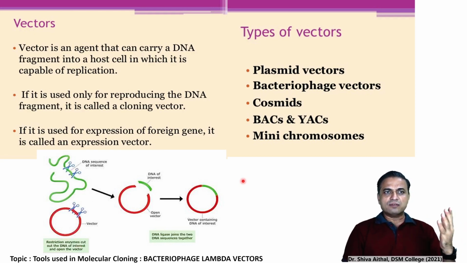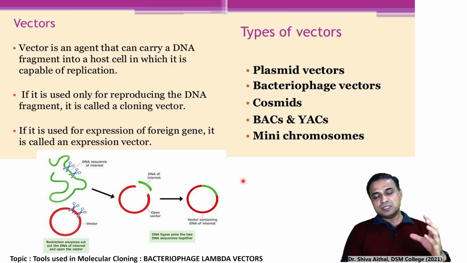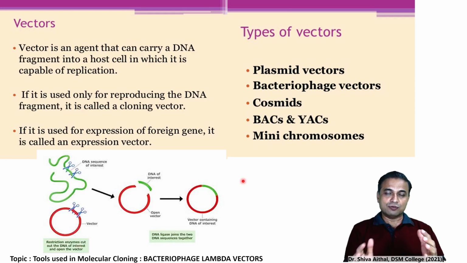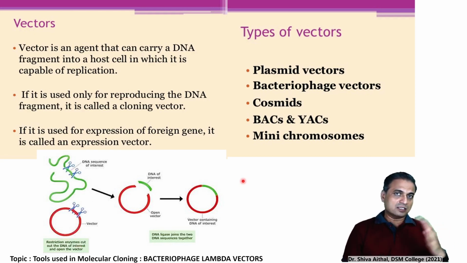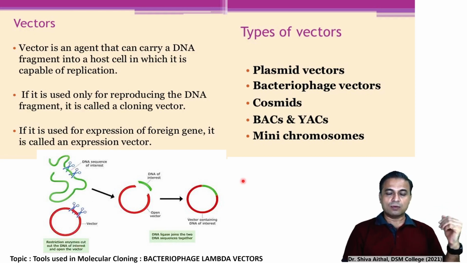So if the vector, which is the agent for carrying the gene of interest, is to be used, then with time, with advancements in genetics, just like I would like to give the example of your smartphone or mobile phone as compared to mobile phones from a decade back. If you see, the memory was very small.